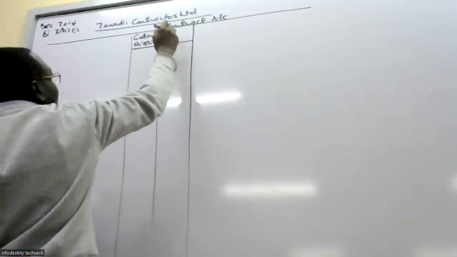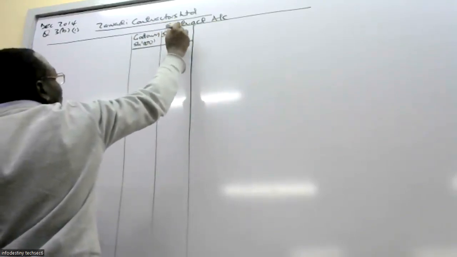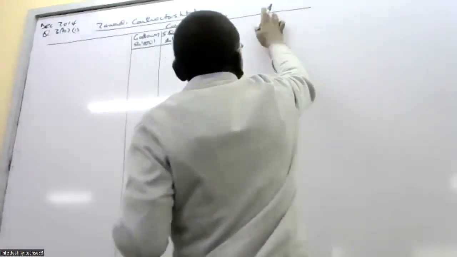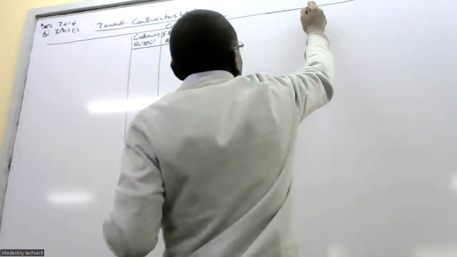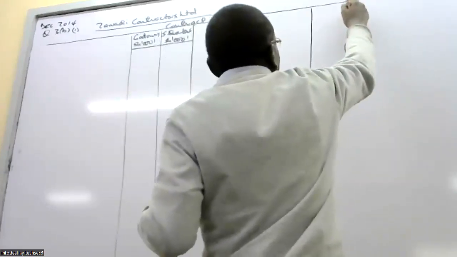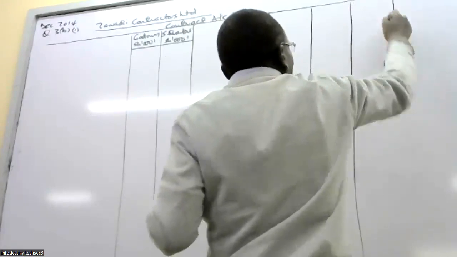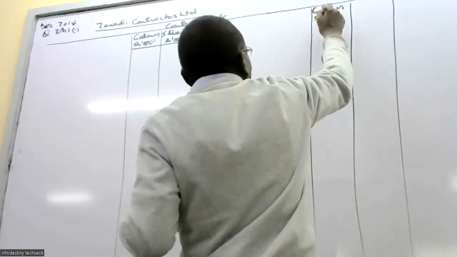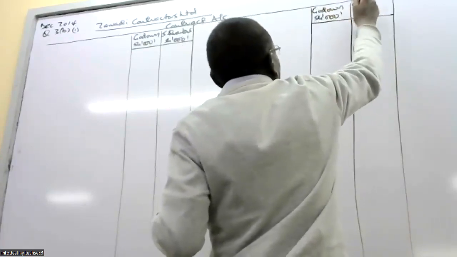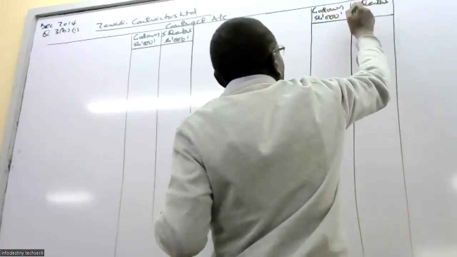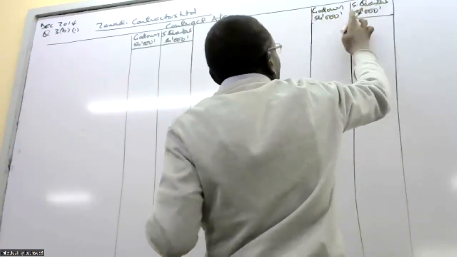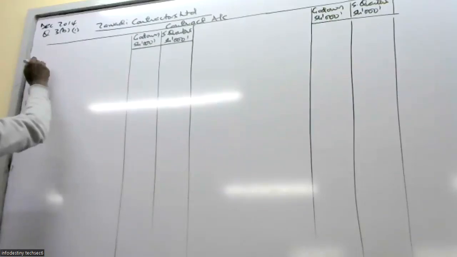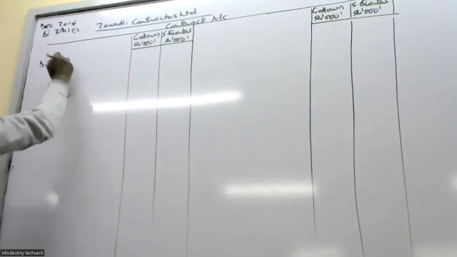And there are staff quarters. So we get the cost of materials for now.